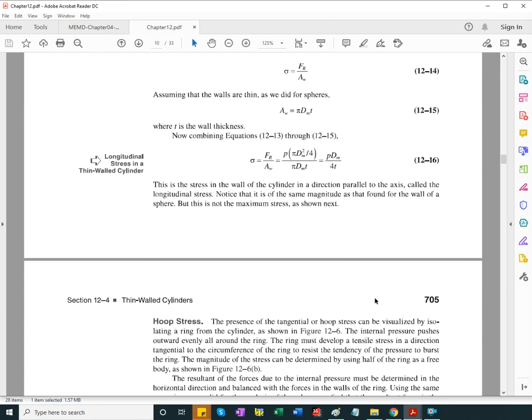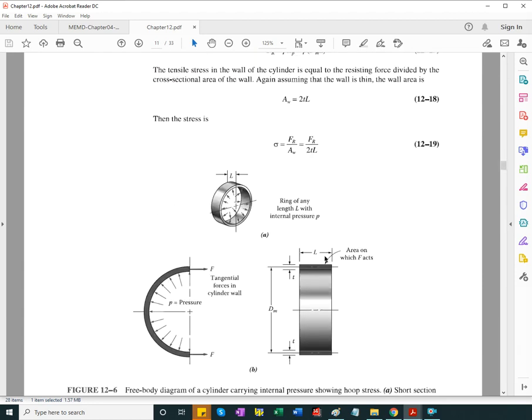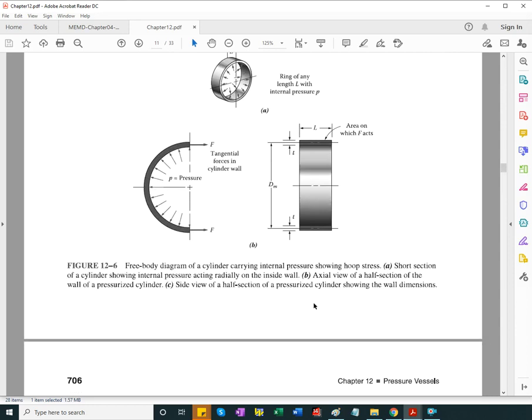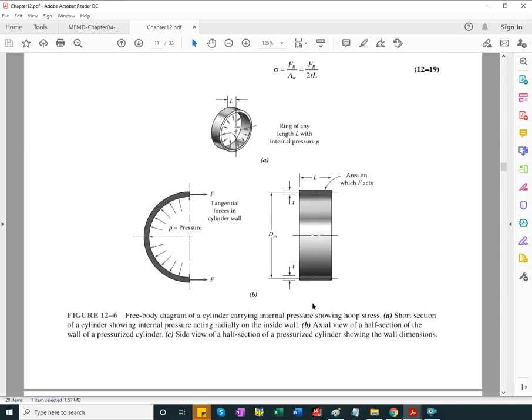If we move to the transverse stress, also called hoop stress, imagine you're cutting the pressure vessel or cylinder longitudinally, and you take the projected area multiplied by pressure. The projected area is the length of the cylinder times the mean diameter. Projected area times pressure gets you the force.